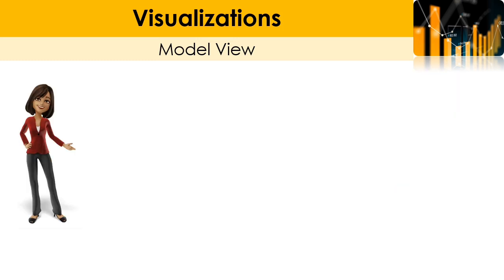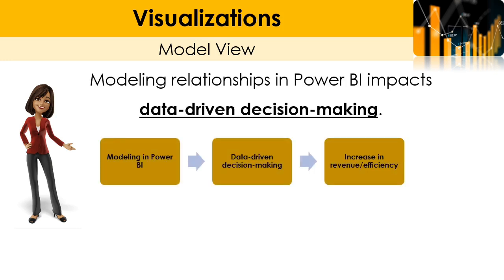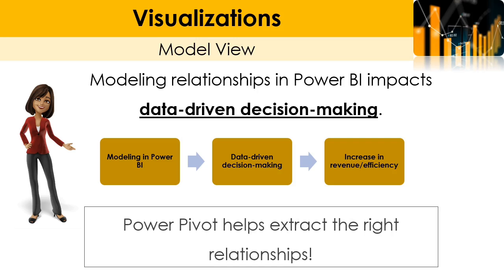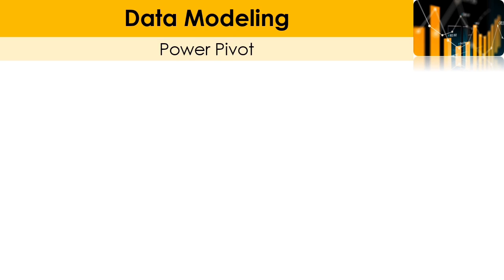This is just one example of how modeling relationships in Power BI can and should have significant impact on data-driven decision-making. In any data sets, relationships always exist. Power Pivot can help you extract the right relationships to base professional goals on. How does Power Pivot accomplish this?